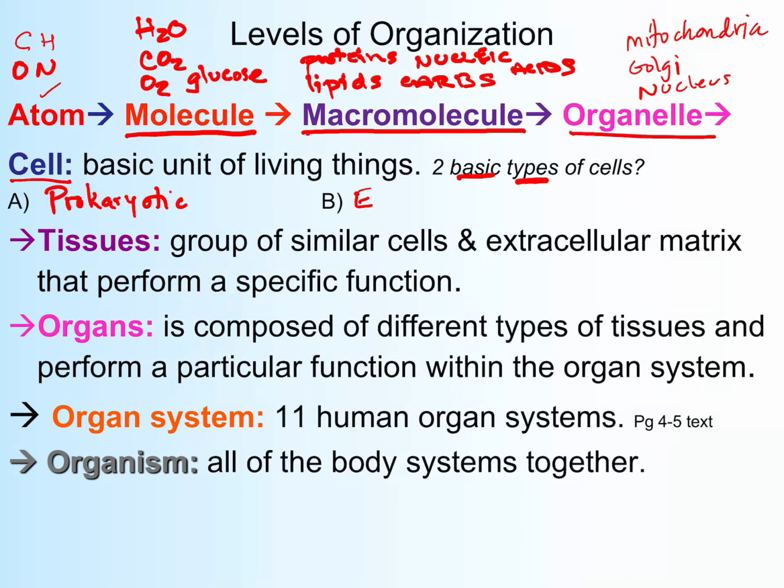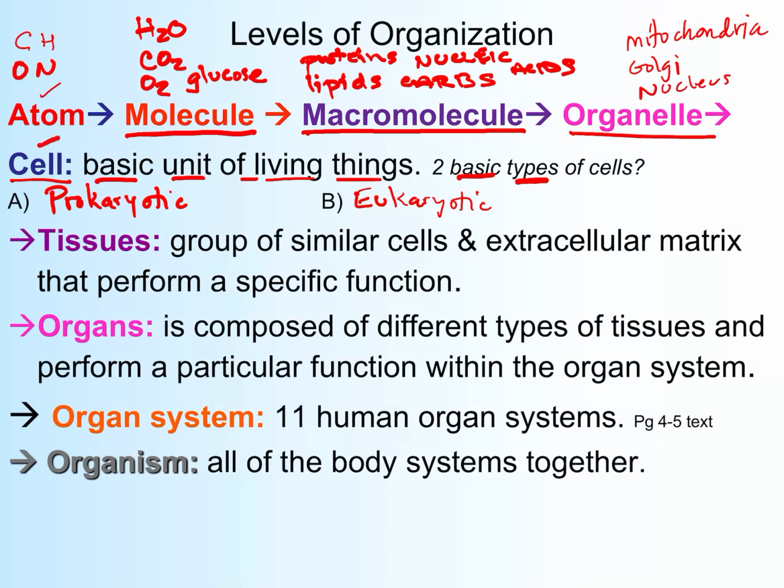And then there are eukaryotic cells, found in all the rest of the organisms: plants, animals, fungi, and protists. Remember, the cell is the basic unit of living things. The cell is the smallest unit that can do all of life's processes. You can study cell anatomy, called cytology.